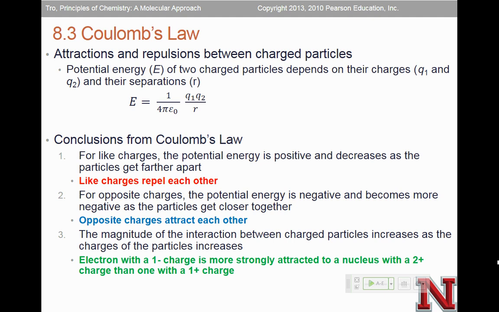This is going to really explain why when we lose an electron and our atom becomes overall positive, it's typically smaller than our starting atom. And it has to do with this concept, that the more positive charge in the nucleus, the more it's going to pull electrons towards it.